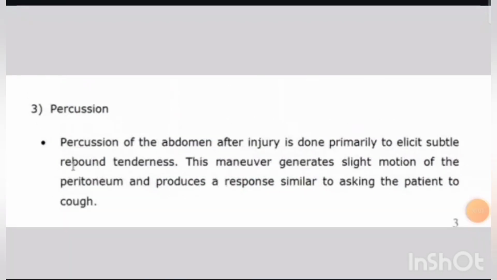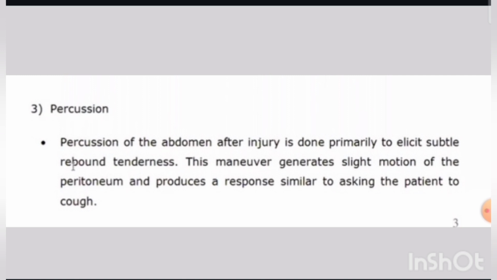The third technique is percussion. Percussion is the least used one, and it means doing a slight tapping motion with the middle finger and noticing rebound tenderness. Rebound tenderness means that when you put the hand and increase pressure, the pain is relieved, and when you remove the hand, the pain returns. This is a sign of appendicitis.